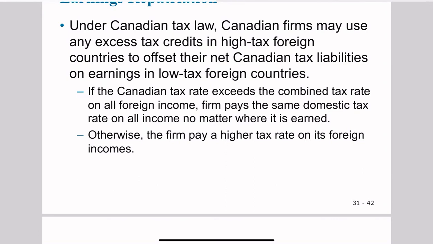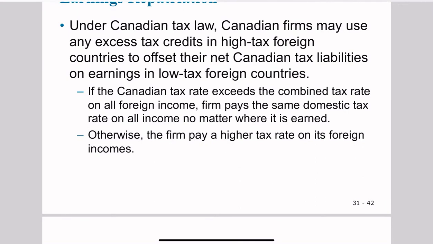So the result of such tax policy is if the domestic Canadian tax rate is larger than the combined tax rate on all foreign income, the firm will pay the same domestic tax rate. If the firm pays a higher combined tax rate on its foreign income, then the firm will ultimately pay this higher combined foreign tax rate.